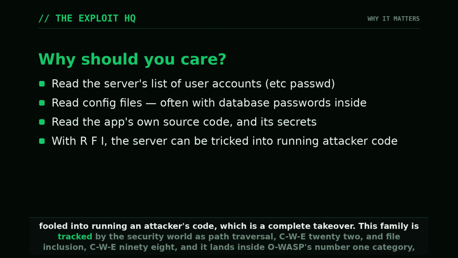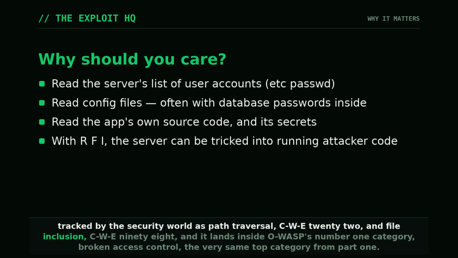This family is tracked by the security world as path traversal, CWE-22, and file inclusion, CWE-98, and it lands inside OWASP's number one category, broken access control, the very same top category from part 1.